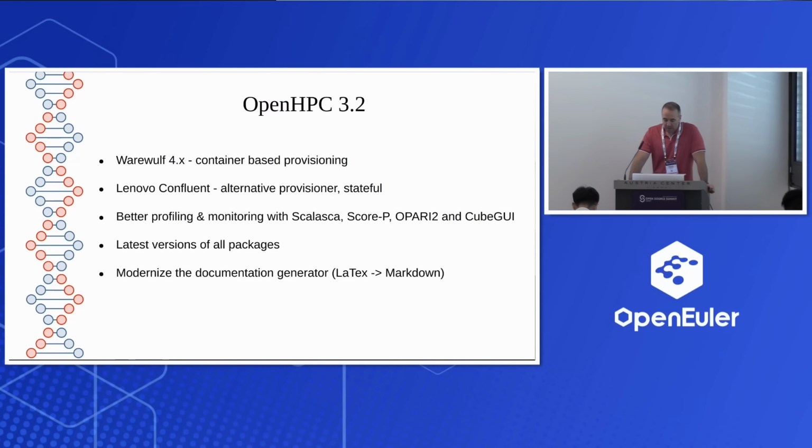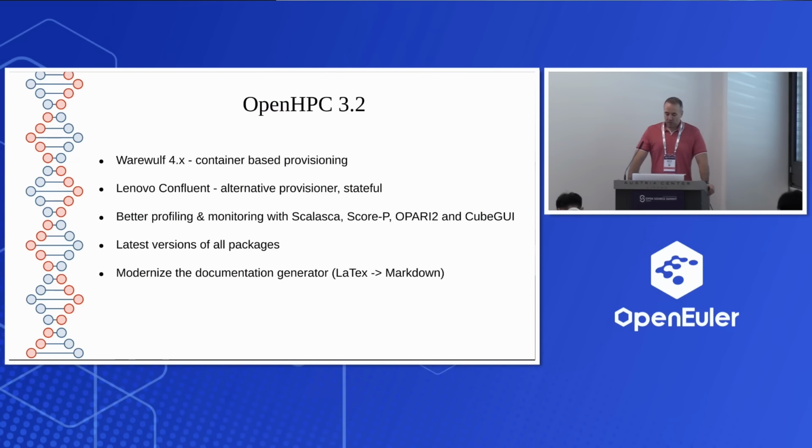There are some improvements in the profiling and monitoring area with tools like Scalasca, Score-P, Opari2, and Cube GUI. And usually with each release, we also update the versions of all packages in the repository. That is, we update to the latest supported version and retest everything.